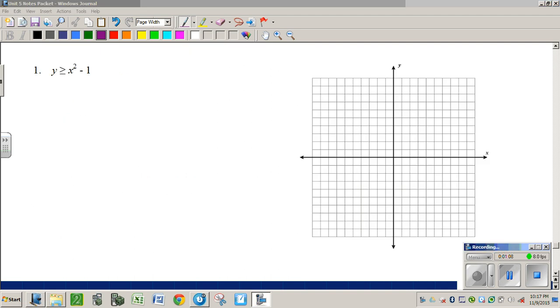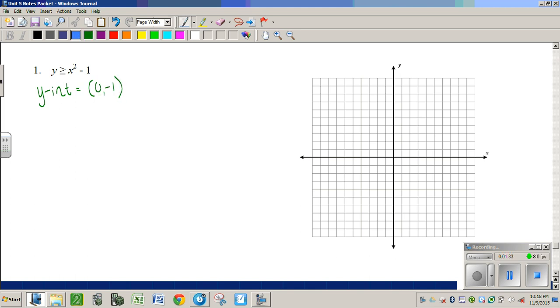If you take a look at the first one, we have y is greater than or equal to x squared minus 1. So let's think about what form this happens to be in. It could be standard, could be vertex, but I'm going to get a little bit of information from this graph. I know that my y-intercept here is -1, so that would be 0, -1.